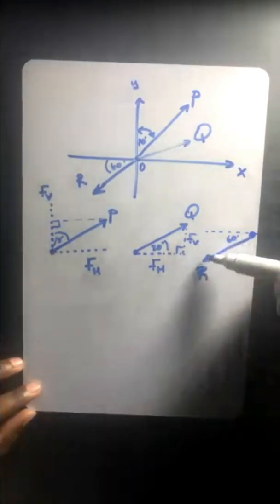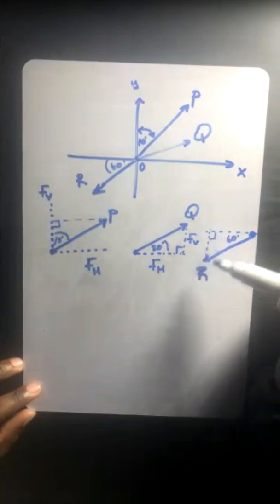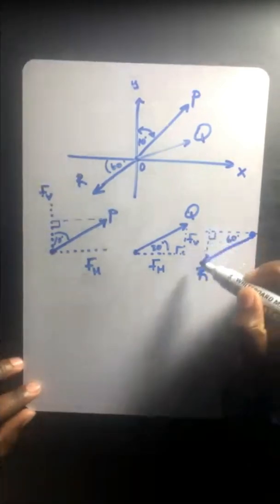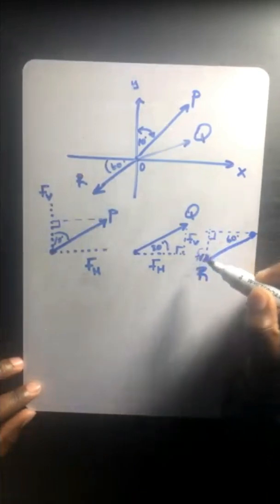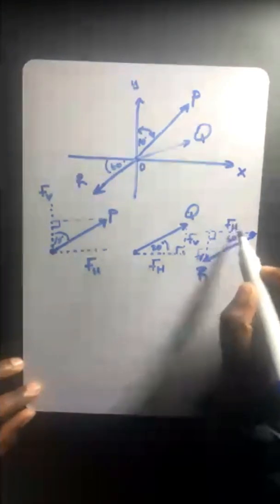So this is where you form your 90-degree angle. Then you know this side is your vertical component, and this one is your horizontal component.